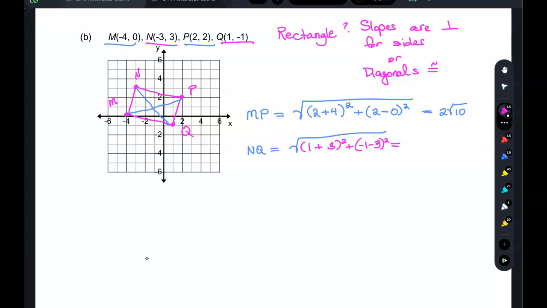Square root of 32 is 4 root 2. I forgot, you can do 4 root 2. Okay, they're not equal. What does that mean? It's not a rectangle. So the last thing we have to rule out: if it's not a rectangle, then it can't be a square. Okay? So let's check the slopes.